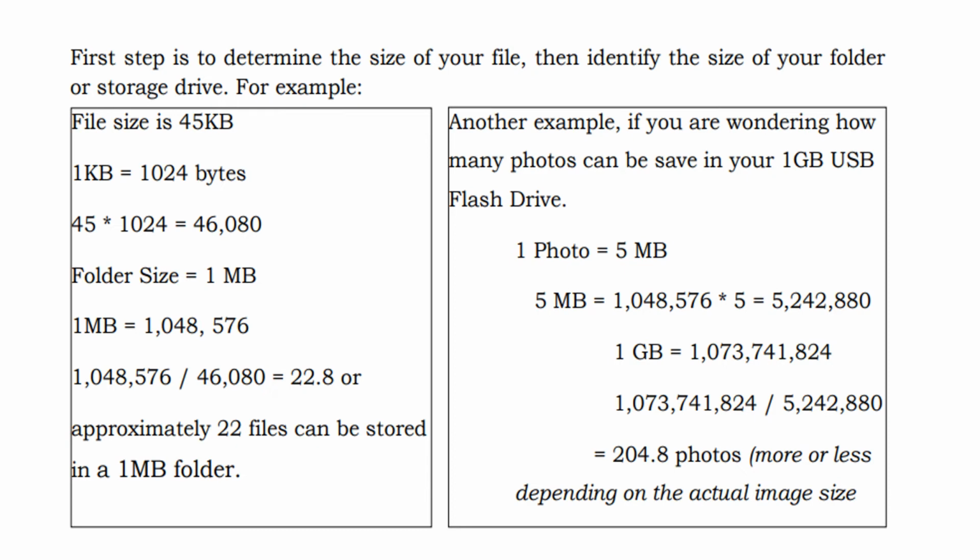1 MB is equivalent to 1024 kilobytes, or 1,048,576 bytes. So 1,048,576 divided by 46,080.